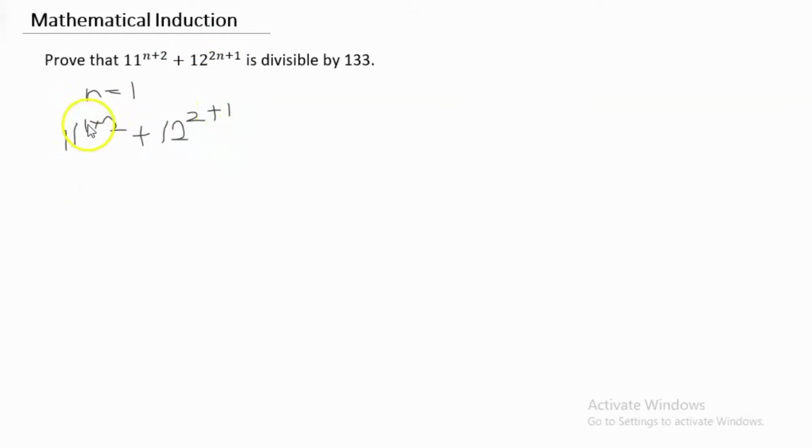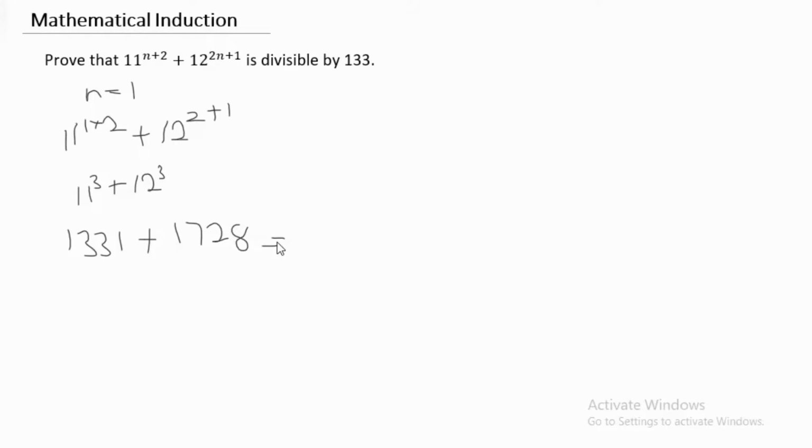Okay, so we have 11 to the power of 3 plus 12 to the power of 3. Okay, so 11 to the power of 3 is going to be 1,331. Okay, then 12 to the power of 3 is going to be 1,728.